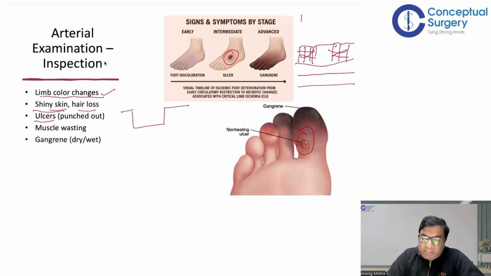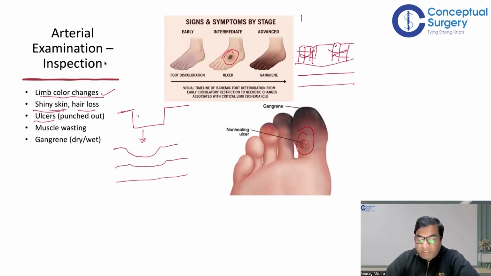Most ulcers, when they start, at least non-traumatic ones, are shaped like a punched out kind of ulcer. Then after some time the healing starts, and it's just like a pit on a road. You start filling it, and the sign of healing is that it will slowly become like this, and then it will heal up.